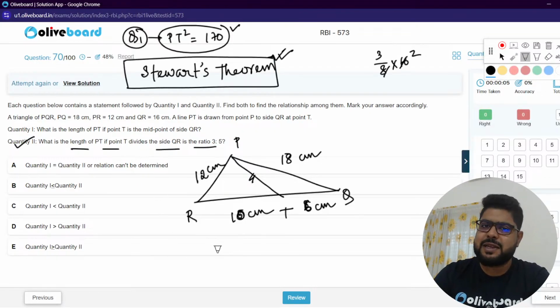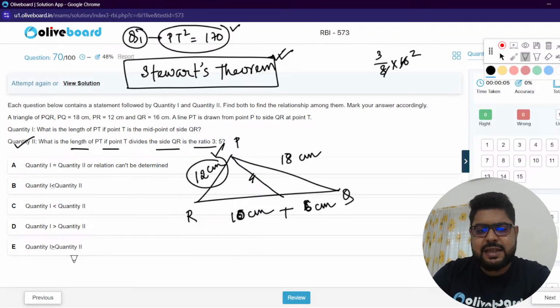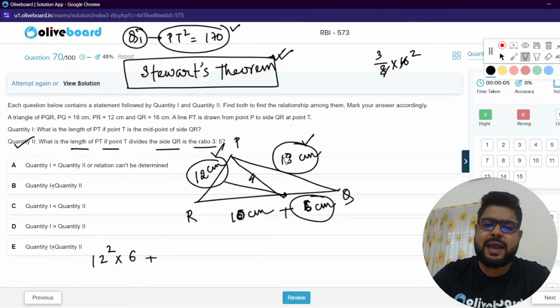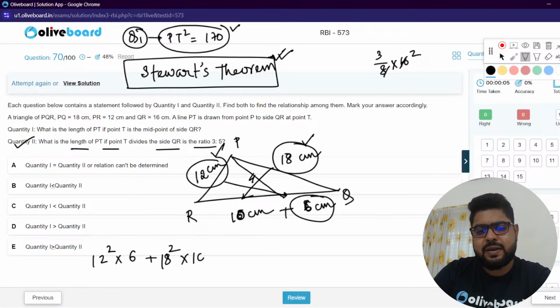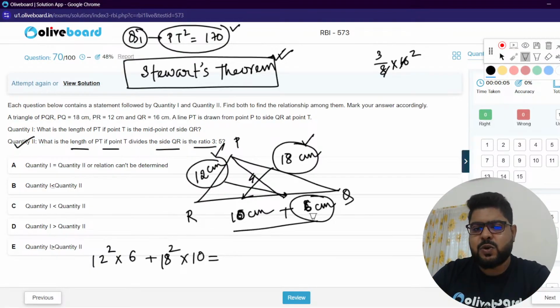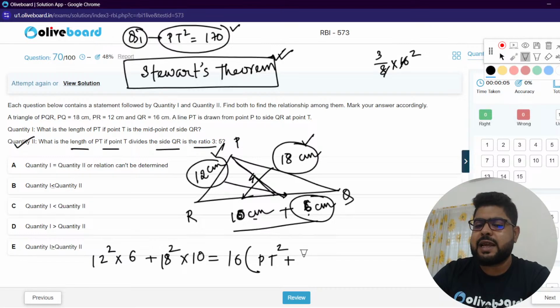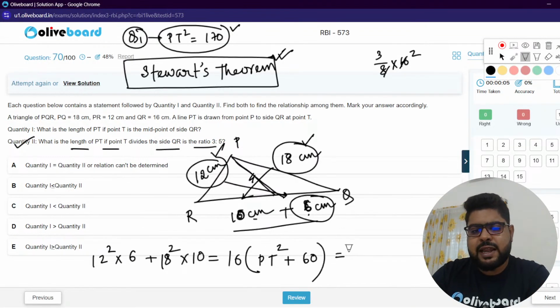Stewart's theorem says a square m plus b square n: 12 square into 6, crosswise, plus 18 square into 10 is equal to the total 16 into PT square plus this multiplication 10 into 6, that is 60. If you do this, you will end up getting PT square.